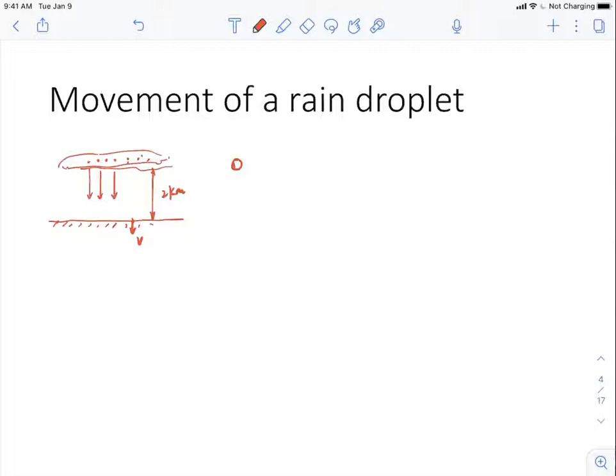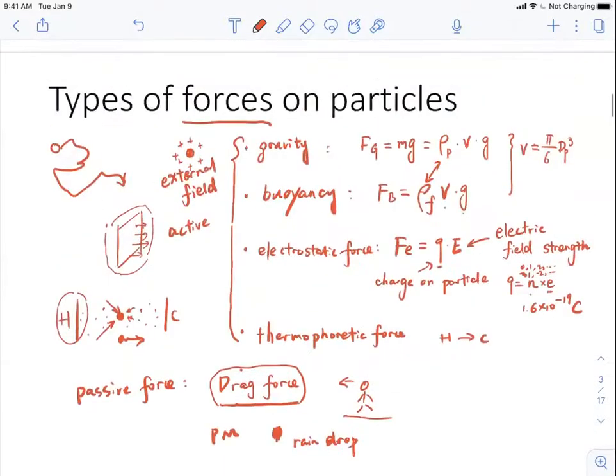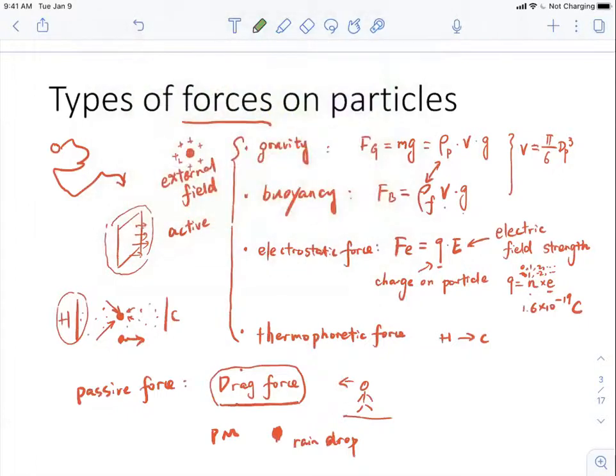So what happens is that if you analyze the force on the particle, it's going to have gravity. As we said, everything on the earth has gravity. So there can be buoyancy, but if you see the equations that we just listed, and compare the difference between these two, the major difference is just the density.